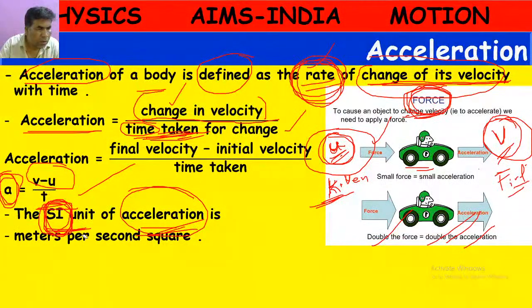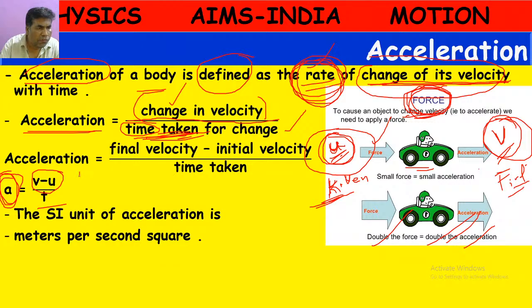What is the unit? Meters per second square, because the unit of velocity is meter per second and the unit of time is again second. So what will happen? Meter per second per second.